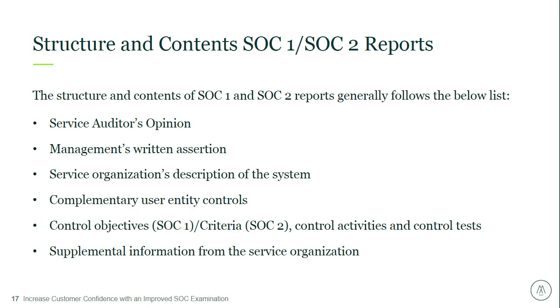The third section of the report is the service auditor's section of the report, and this is basically a table that lists out what the control objectives are if it's a SOC 1, or the trust services criteria if it's a SOC 2 report, the related control activities, and the results of the testing of those control activities.